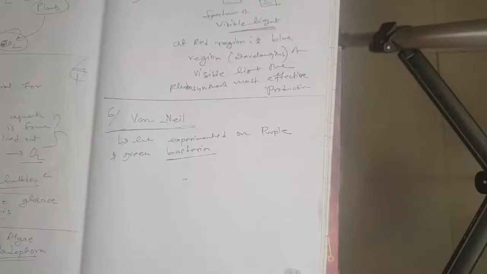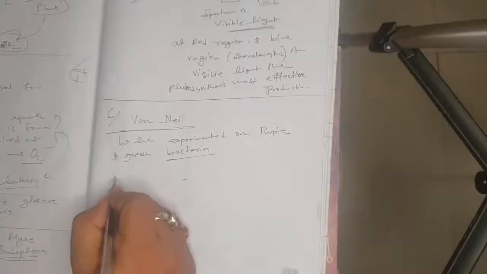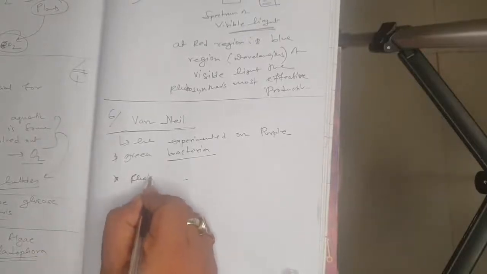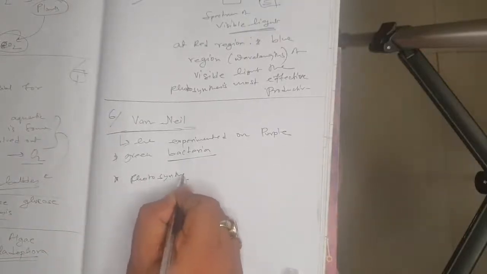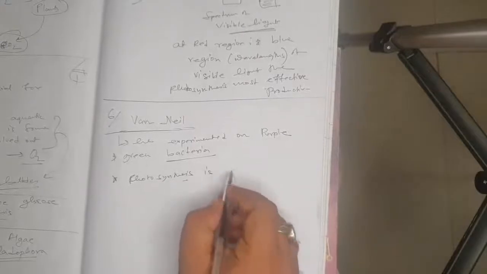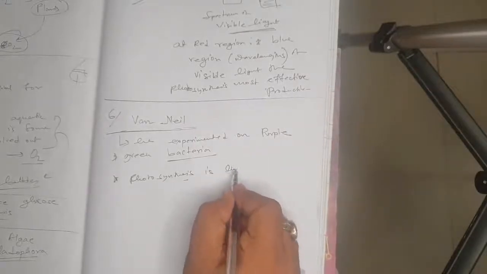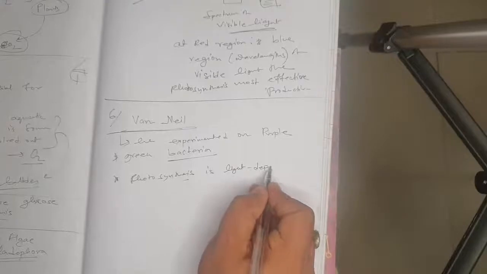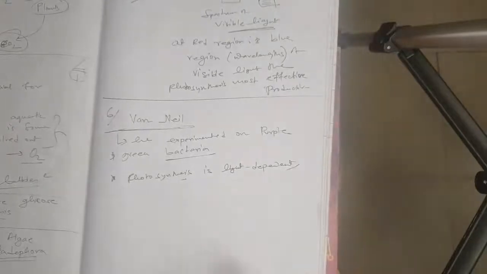He started experimenting on purple and green bacteria, and he also said that photosynthesis is light dependent. Without light, he also said that photosynthesis is light dependent.